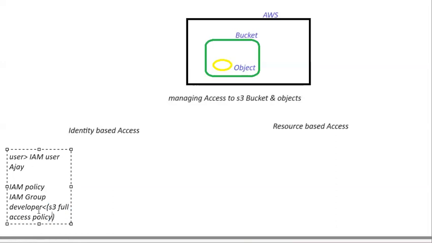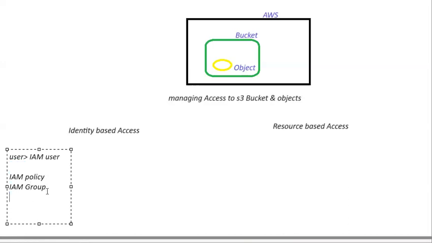Since the user is present in the group, this policy will be assigned to this person. What is this policy? The S3 full access policy. Since he has full access to S3, he can access it. So by using group policy also, we can assign access to our bucket in AWS.